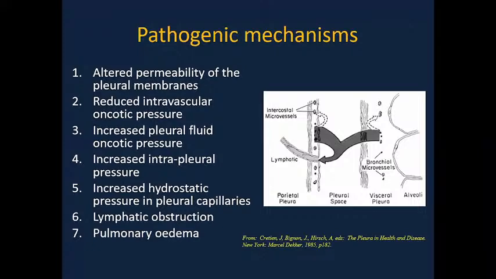The first thing is altered permeability of the pleural membranes, reduced intravascular oncotic pressure, as you would have in severe liver disease and protein wasting renal disease like the nephrotic syndrome, increased pleural fluid oncotic pressure, as would occur when you have intrapleural inflammation, increased intrapleural pressure, increased hydrostatic pressure in pleural capillaries, and this will be the mechanism related to pulmonary embolism and heart failure, lymphatic obstruction that often would be due to malignancies, and pulmonary edema.